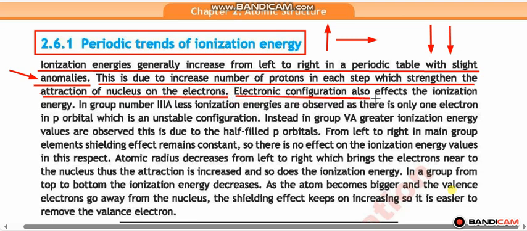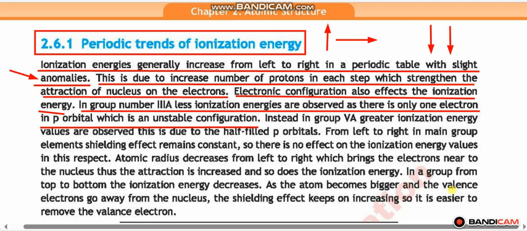The electronic configuration also affects the ionization energy. For example, in group number 3A, lower ionization energies are observed, as there is only one electron in the p orbital, which is an unstable electronic configuration.